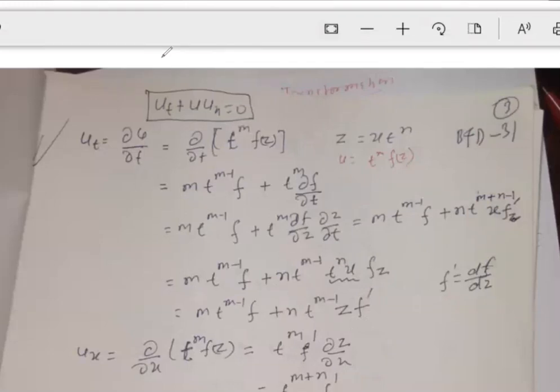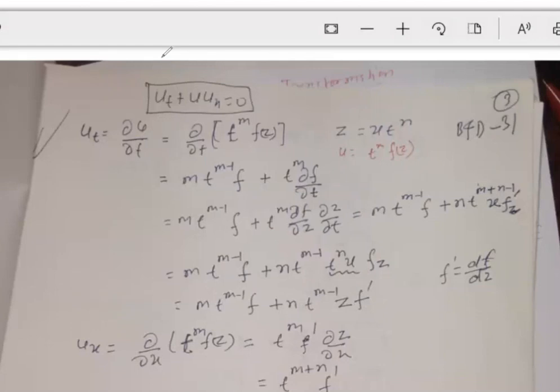Okay, so we can see this is the simplest nonlinear partial differential equation, where we have u_t plus u u_x. Now we are assuming a new variable z, which is a function of x and t to the power n.